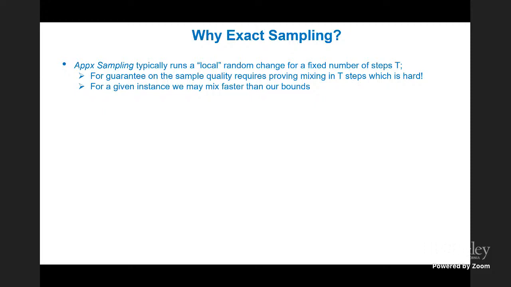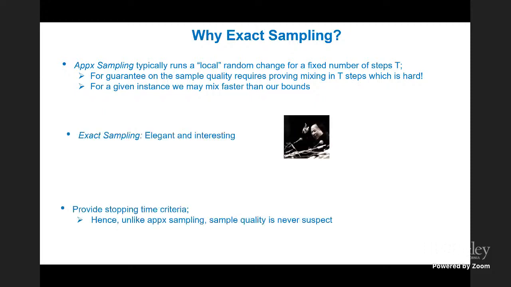Using this framework of exact sampling, besides being elegant and interesting, also provides you with a stopping time criterion. So it sort of turns the table in a different way. It says that, look, I don't know how long the algorithm will run, but whenever it stops, the quality of the sample is never suspect. So you can get this advantage that on your use case, the running time might be much lower.